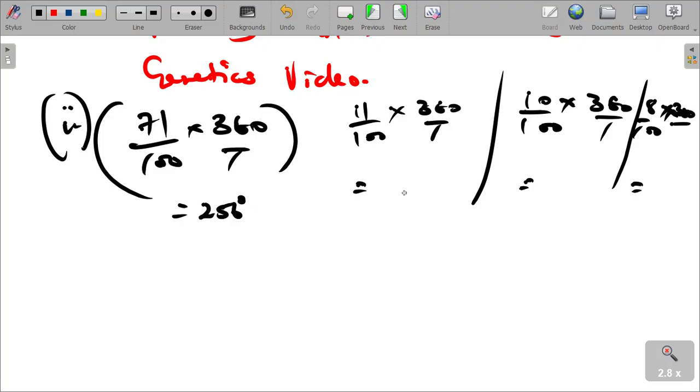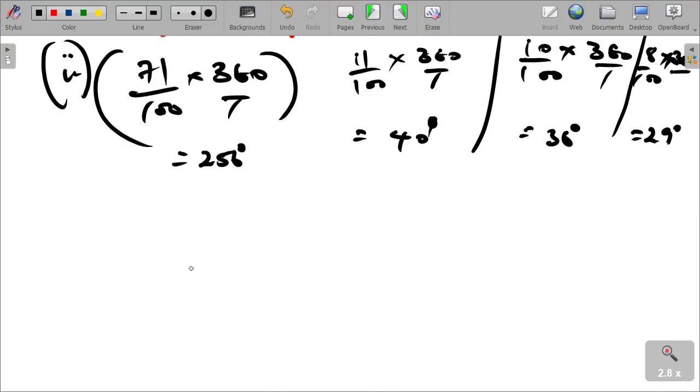On 11, we get 40 degrees. On 10, we get 36. And the last one, 8, we get 29. These are the degrees, and then you just draw your pie chart.